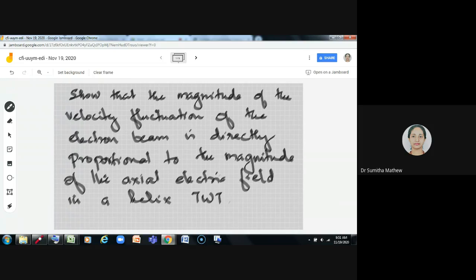Or we call it velocity fluctuation. That is how much variation that velocity undergoes in the electron beam. You have to show that the magnitude of that velocity variation of the electron beam is directly proportional to the magnitude of the axial electric field in a helix TWT.